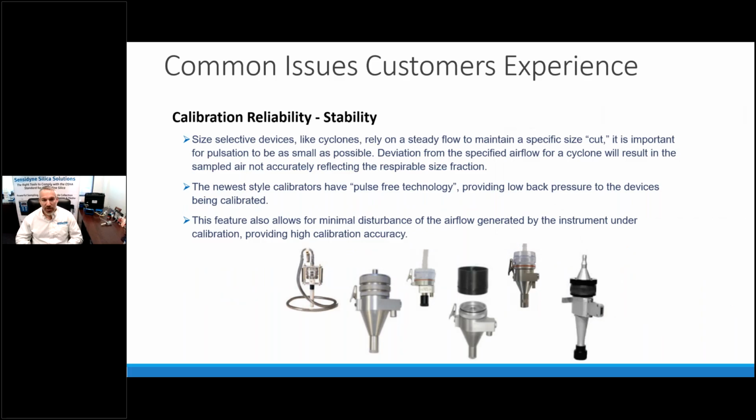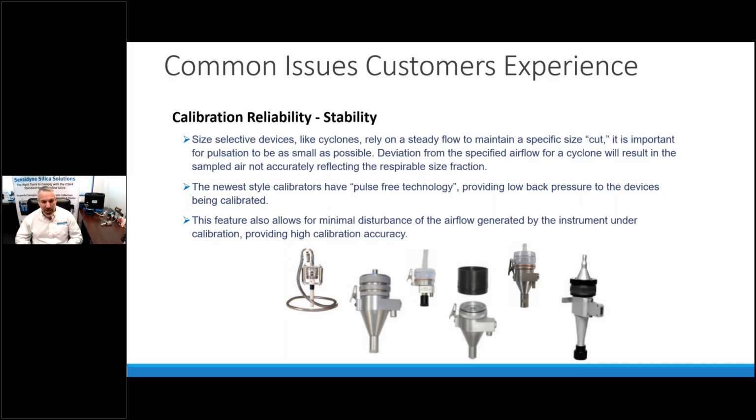Again, regarding calibration reliability for size selective devices like cyclones, using that specific cut size, you want to make sure that the calibrator itself is not causing an artifact. I know there are calibrators on the market, typically piston styles, that might cause pulsation within the air sampling pump itself.